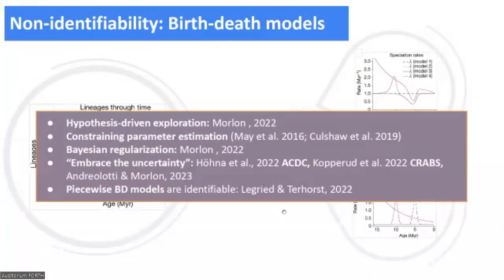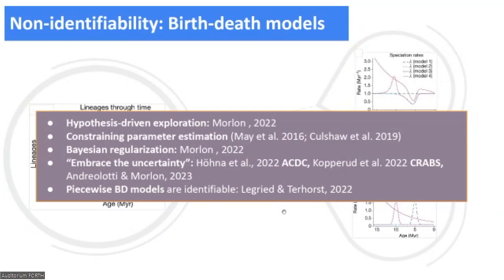This can be done by fixing one or several parameters in the model, or by estimating one parameter in the model and marginalizing over the others with Bayesian inference. Also, you can try to do Bayesian regularization. And the last solution is to embrace the uncertainty, which consists of exploring the different diversification trajectories among a congruence class and trying to establish differences among them.